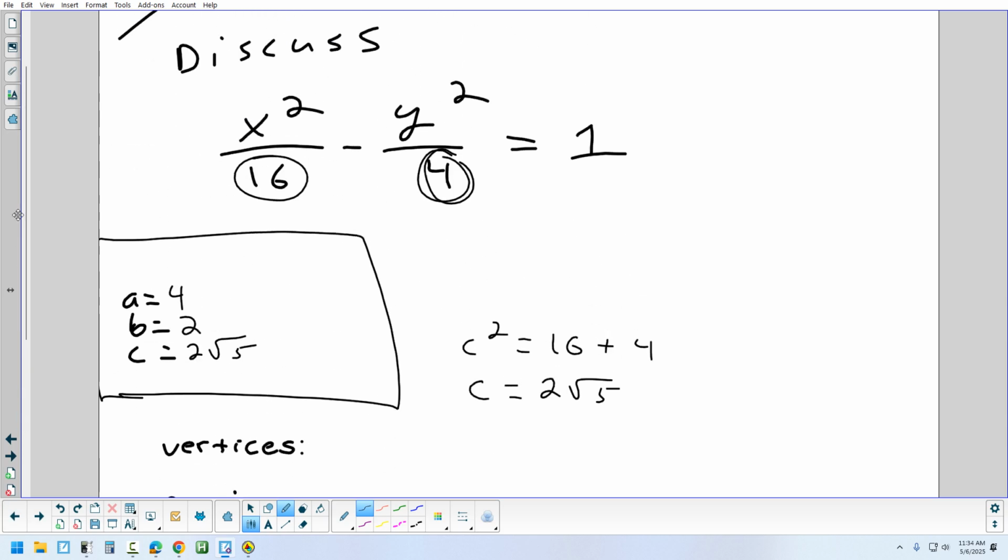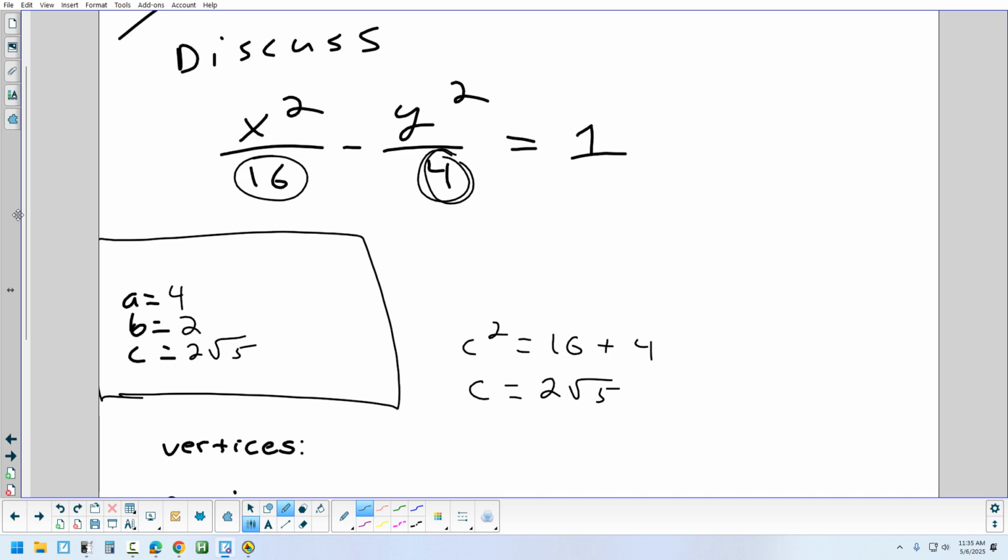Which way does the transverse axis go? Besides the fact I've only shown you one way that it can go up to this point, how do you look at that and figure out which way it goes? It's not which number is bigger. That's for an ellipse.